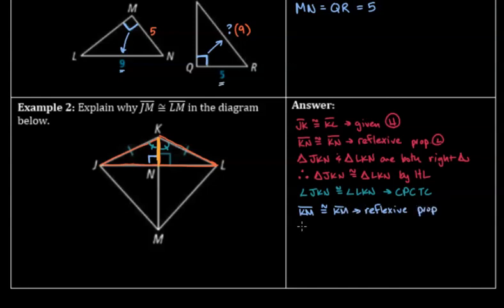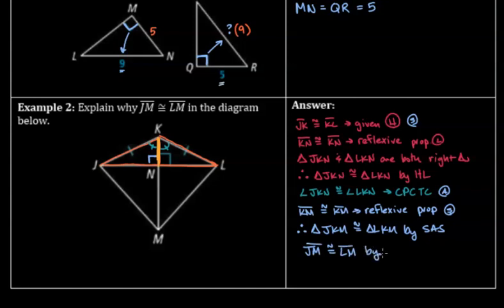And that means that triangle JKM is congruent to triangle LKM by side, angle, side. We're using this side here, we're using this angle here, and then this side right there. And then finally I can say segment JM must now be congruent to segment LM by CPCTC.